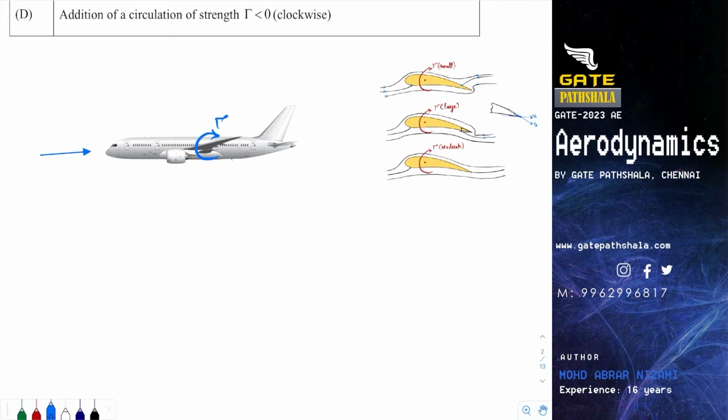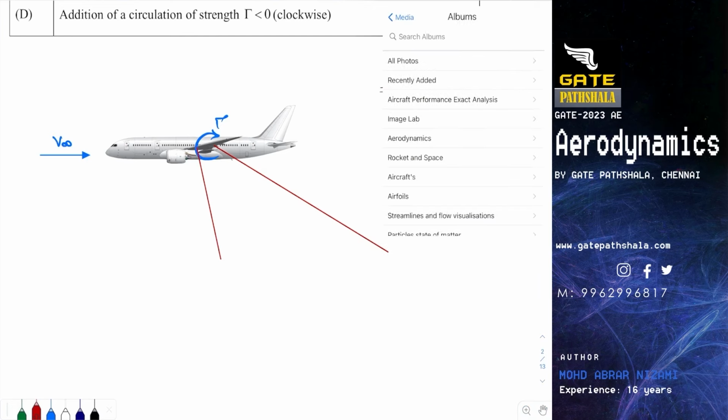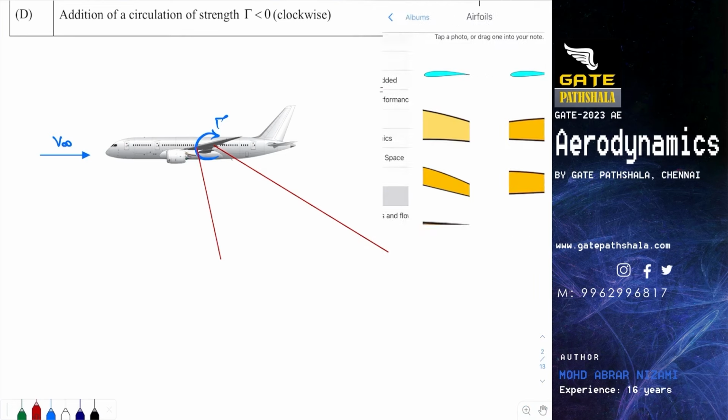Let's say this is the free stream velocity v infinity, and by having circulation like this, at a point on the surface of the body, you will have on the upper surface, flow will get accelerated. So if I take the cross section of this aerofoil here, okay, it is going to be some sort of airfoil, let's say.